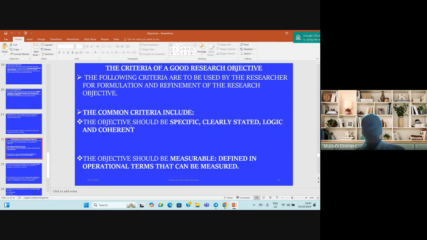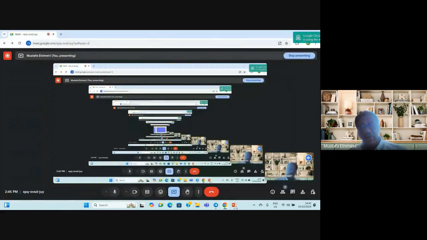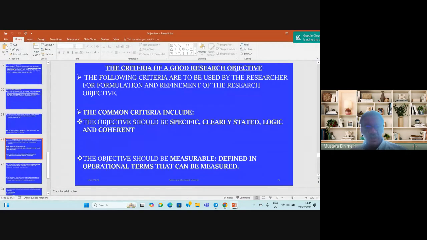Now we come to highlight the criteria of a good research objective. The following criteria are to be used by the researcher for formulation and refinement of the research objective. The objective should be specific, clearly stated, logical, and coherent. The second criterion is that the objective should be measurable, defined in operational terms that can be measured.